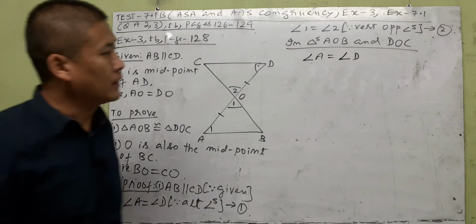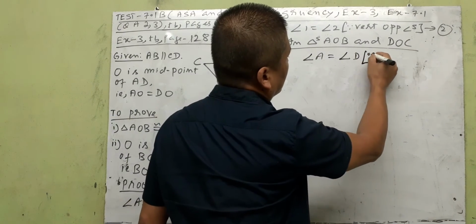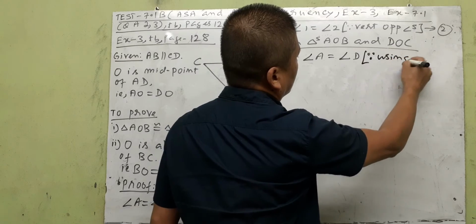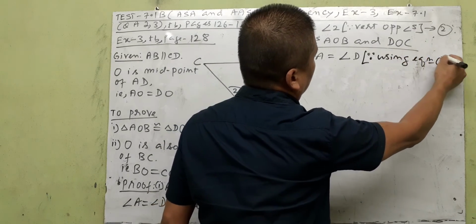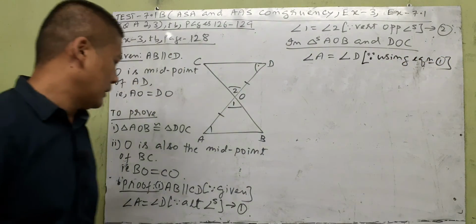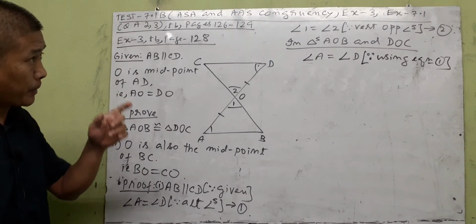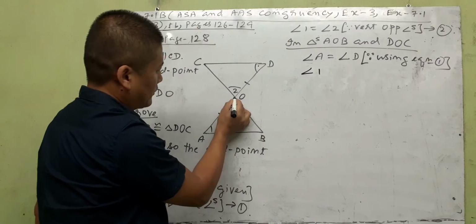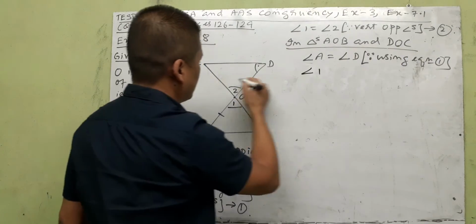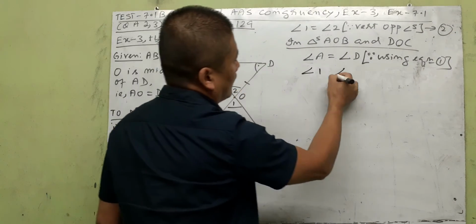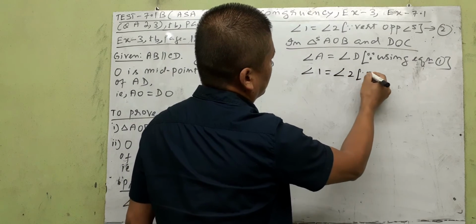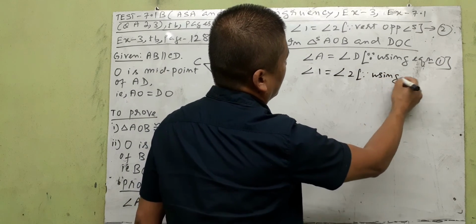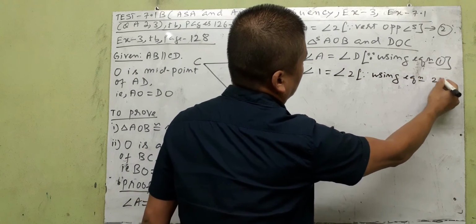We've proved this already in equation number 1. And next, angle 1 equal to angle 2. So angle 1 at the vertex O in AOB, and at the vertex O in DOC is angle 2. They are already proved to be equal, as we can see in equation number 2.